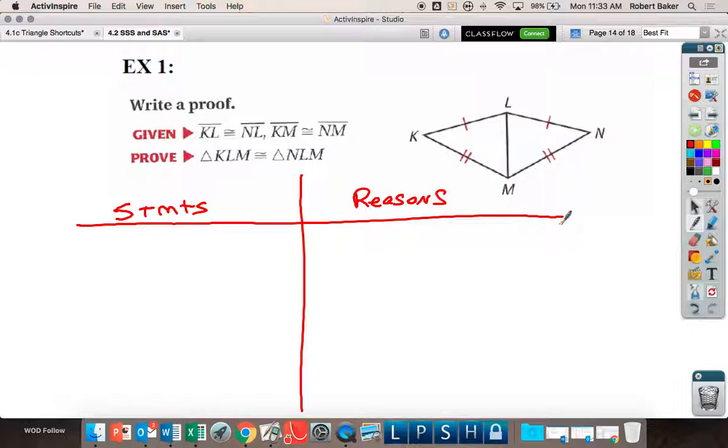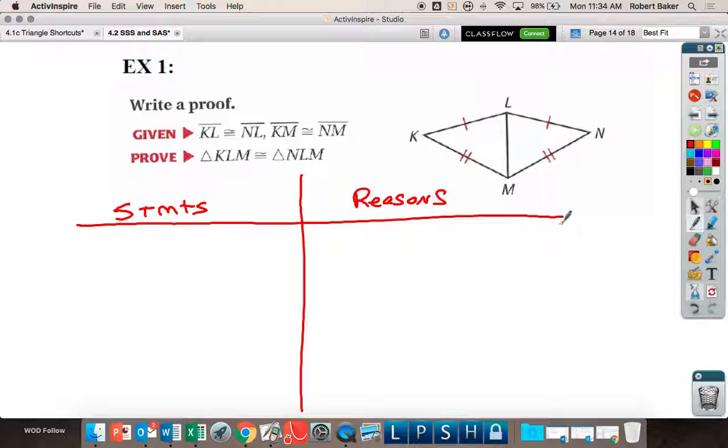So at the end of the day, guys, they're telling you that it is possible for these two triangles to be congruent. Okay? So your proof should end with a triangle congruent statement. Now if you look at that proof and you kind of predict your future, do you think that those two triangles are congruent?